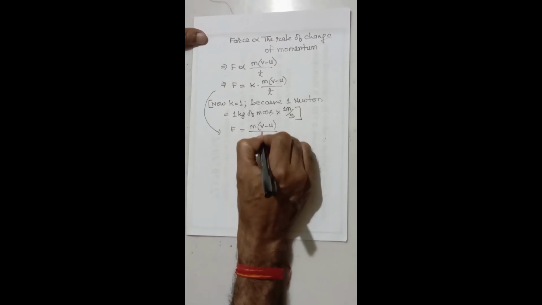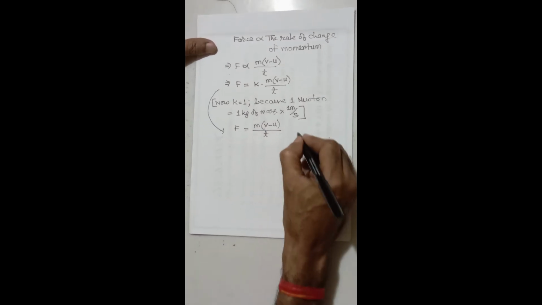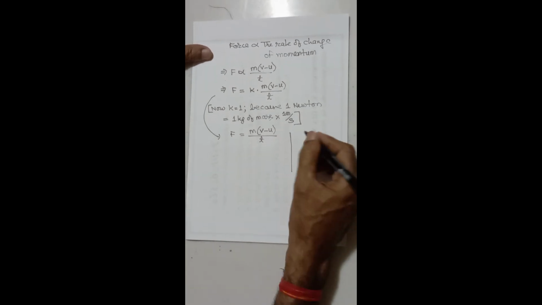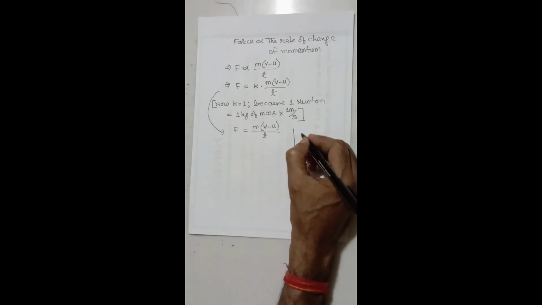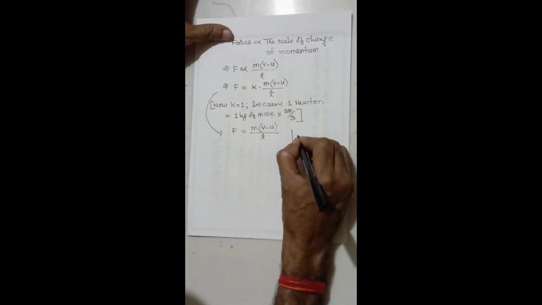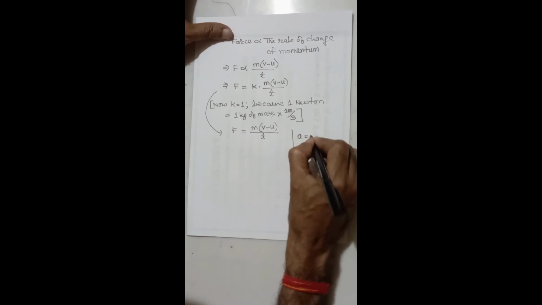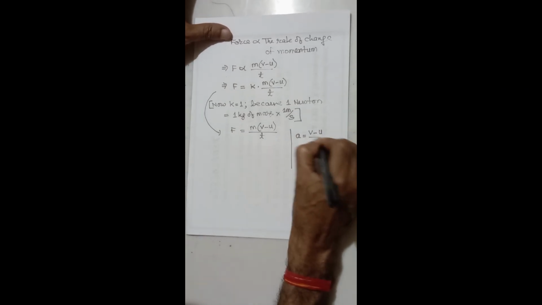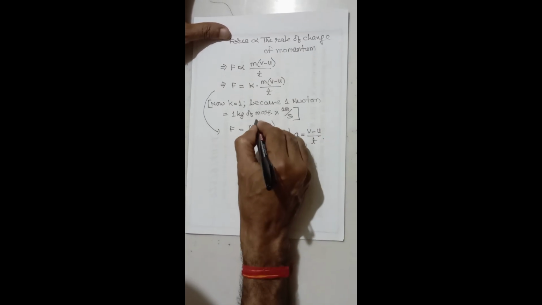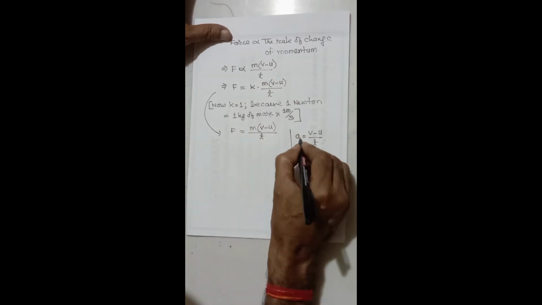Now, in the earlier chapter we had studied that acceleration is equal to v minus u upon t. So here this can be written as a.